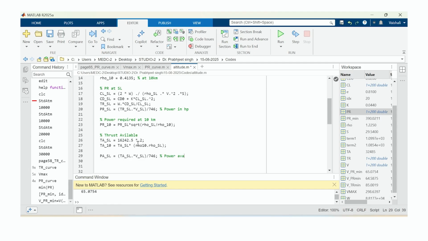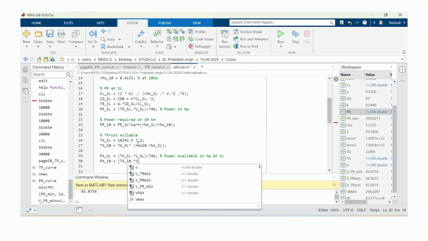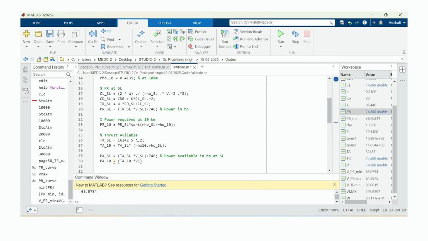Similarly, power available at 10 kilometers equals thrust available at 10 kilometers into velocity at 10 kilometers, divided by 746.